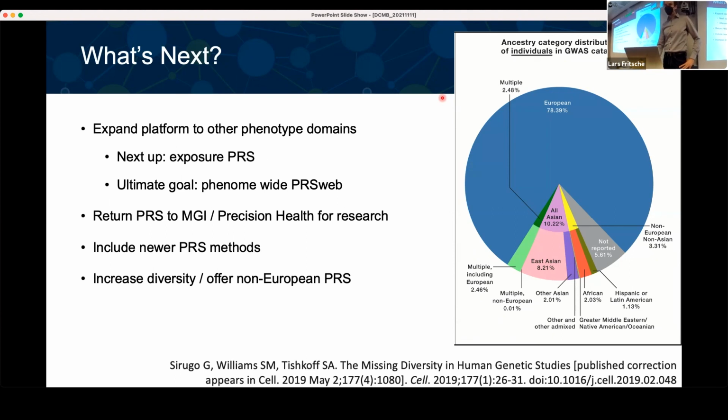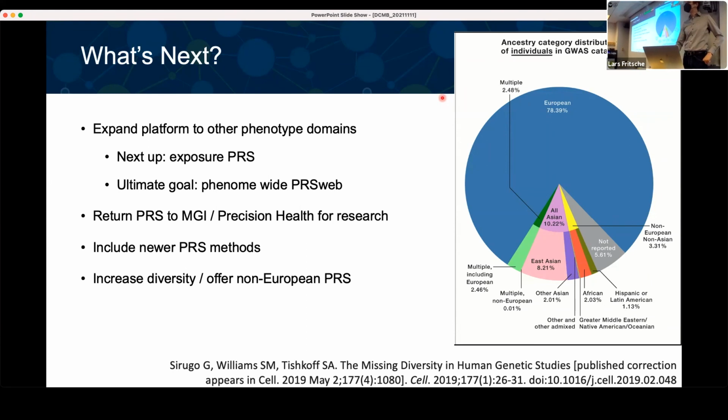For example, in MGI, we can use the inferred ancestry information from admixture or from PCA projection to better differentiate the different groups. And depending on which principal component you use, you can maybe differentiate between Hispanic and non-Hispanic individuals also.